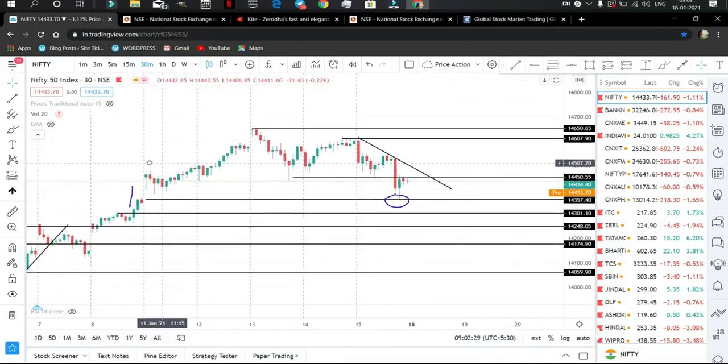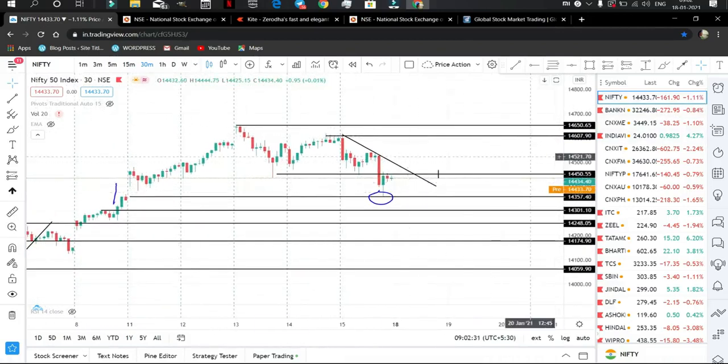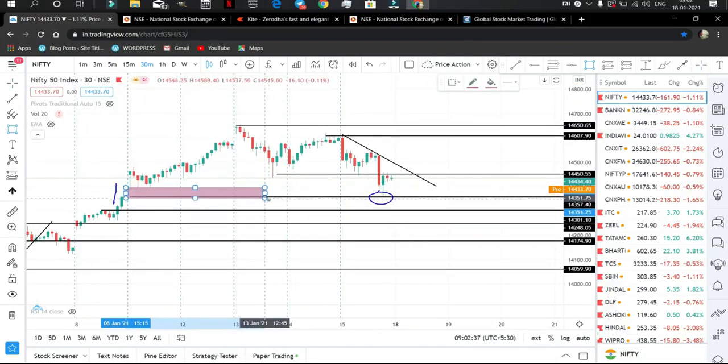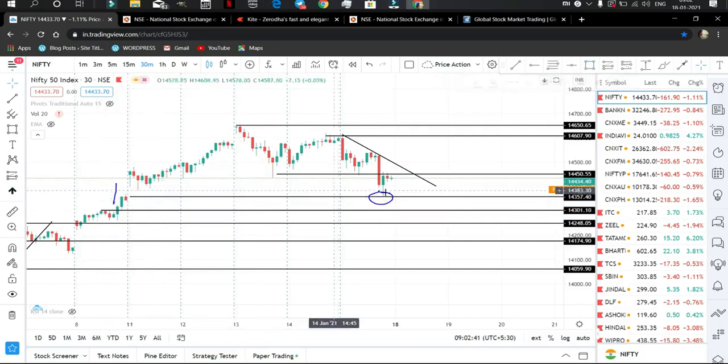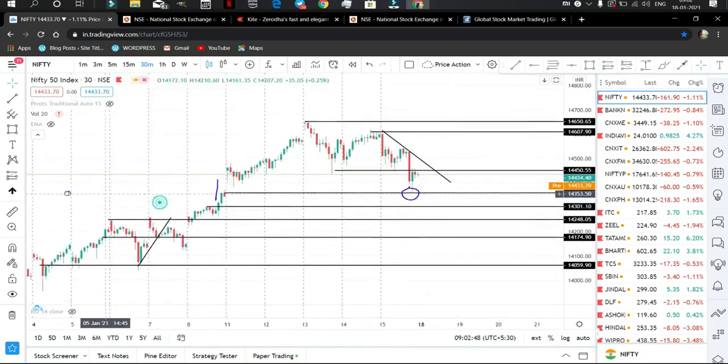So this is Nifty's chart, and the market has not opened yet, and before the day starts, here's a little gap in Nifty. So you can see that this is the little gap that Nifty had formed, and exactly at the circle, Nifty had filled the gap. So yeah, the gap has been filled.